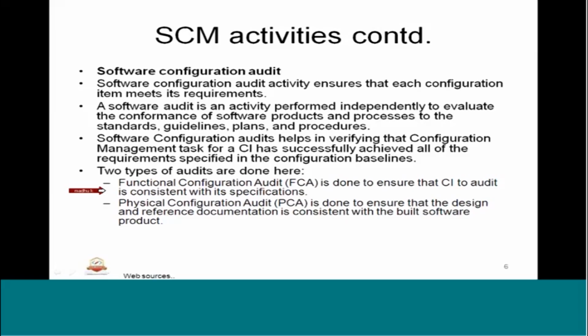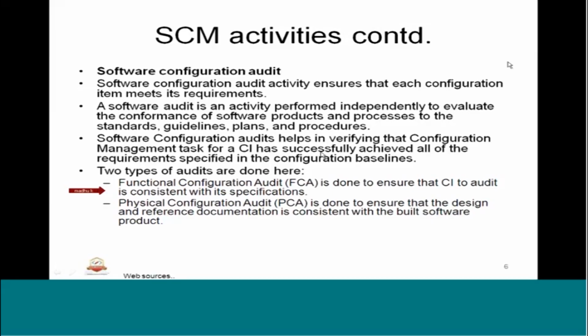In the physical configuration audit, we check the hierarchy, the physical representation, and naming conventions, whether they are ready in a complete stage, or what is being followed. So that is about the SCM activity of software configuration audit.